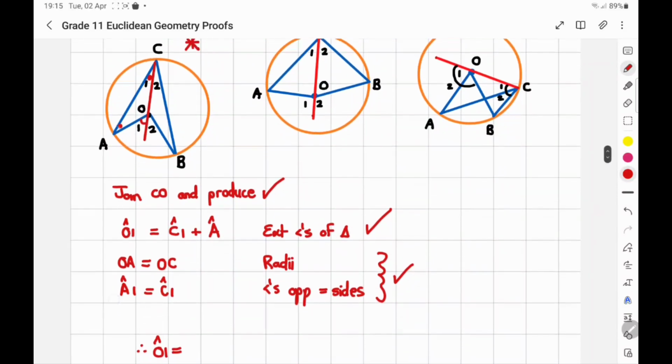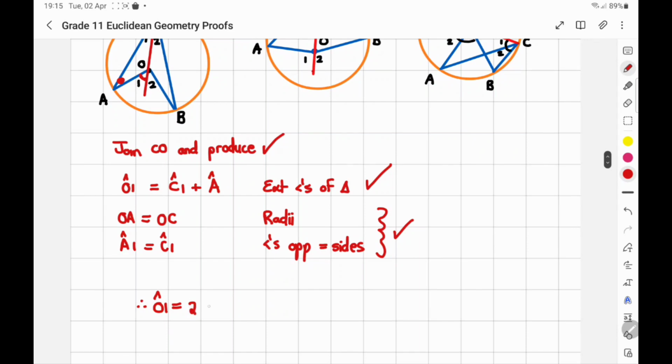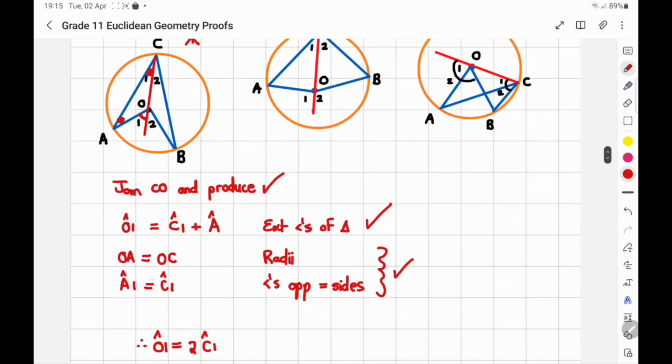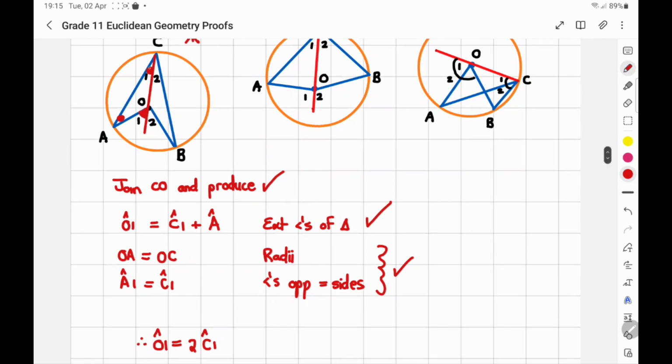Okay, so now because they are equal, you can say that O1 is equal to 2 C1s, because this exterior angle is equal to this one plus this one. But because I proved that they are equal, it's like saying that O1 is equal to twice C1.